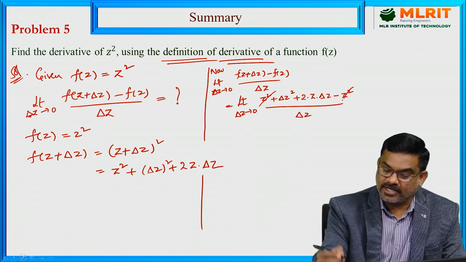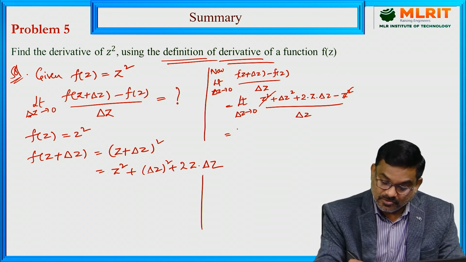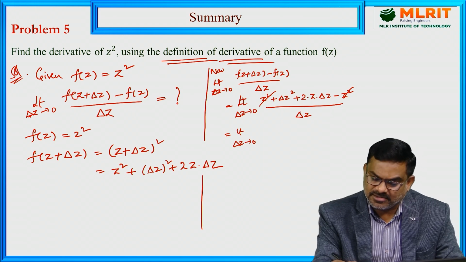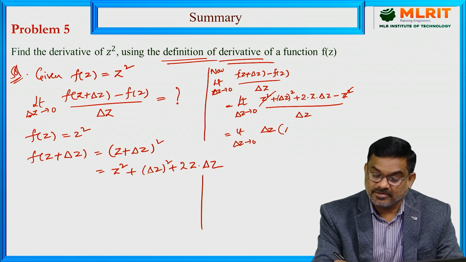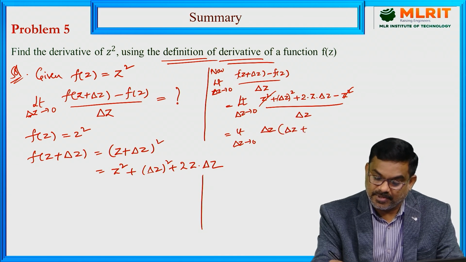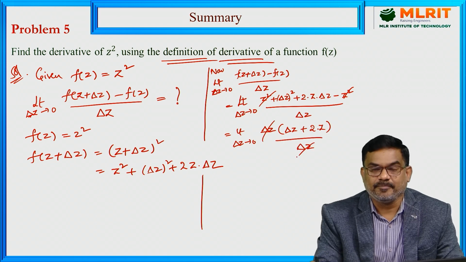So these two get cancelled, with opposite signs. So the limit as delta z tends to 0. Now what remains? Here I can take delta z common from delta z whole square and 2z delta z, so delta z plus 2z, divided by delta z. So these two get cancelled.